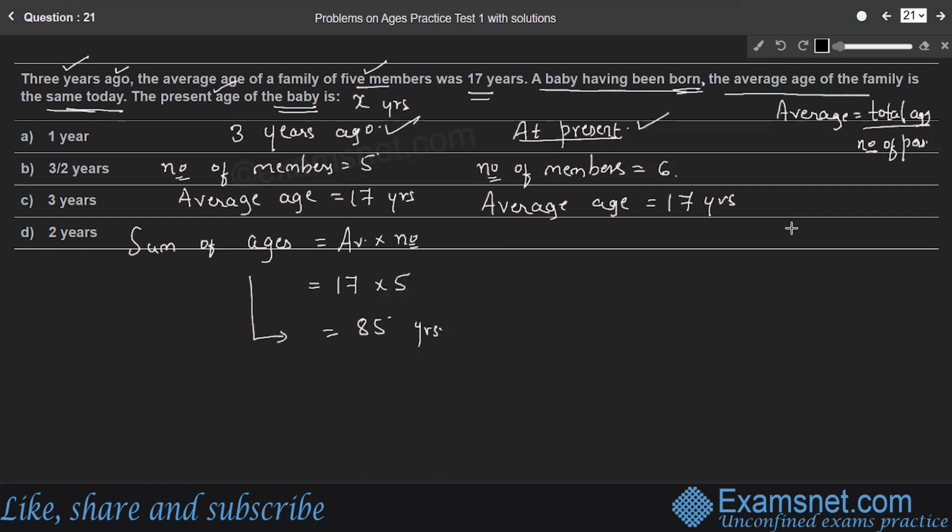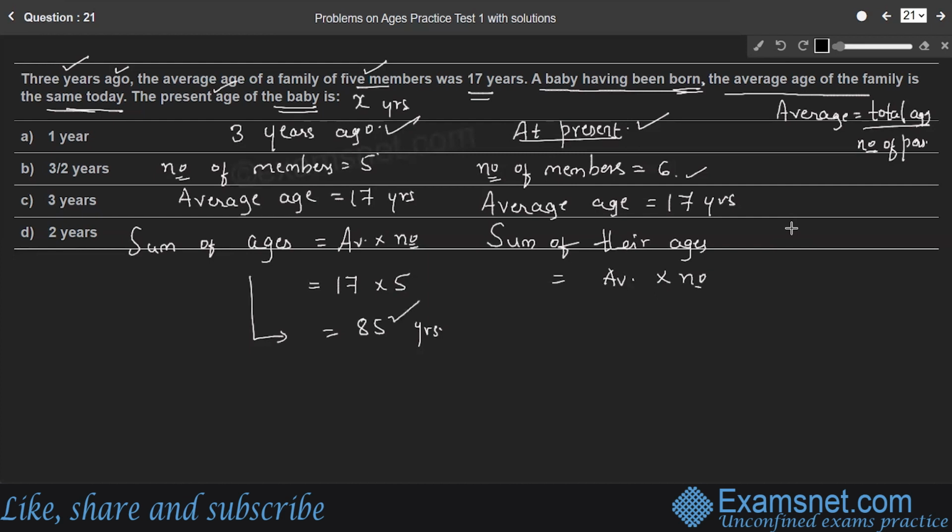Whereas after 3 years, that means at present, the number of members is equal to 6 here. Let X be the age of the baby. Therefore, the sum of their ages becomes, according to the formula, average into number of persons. Here, the average is 17 and the number of members is 6.